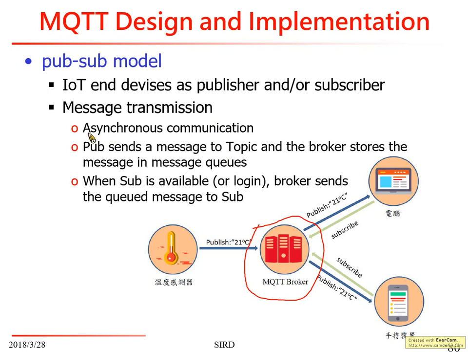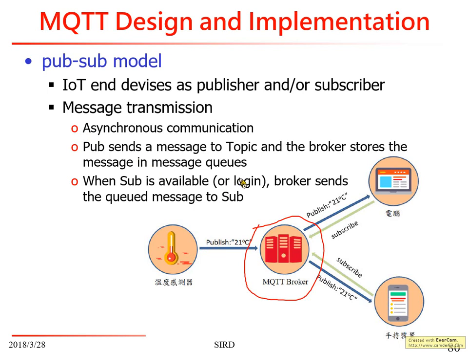And as we mentioned yesterday, MQTT is asynchronous communication. When you try to publish some information to others, you do not need to wait until all the subscribers receive all the information. So we just send to the broker, and if the broker receives it, then it's done.